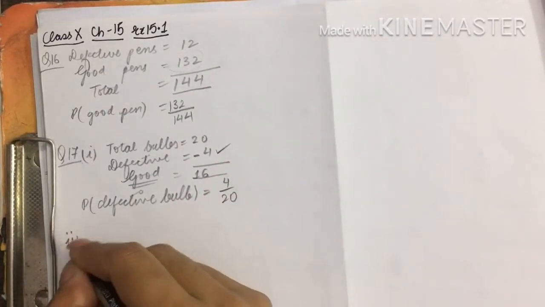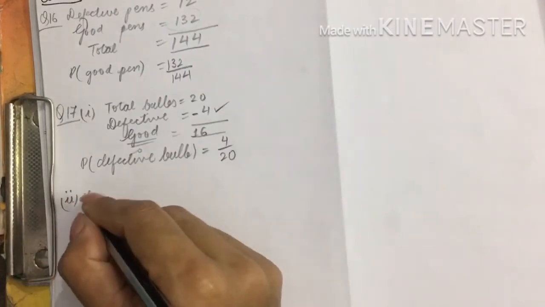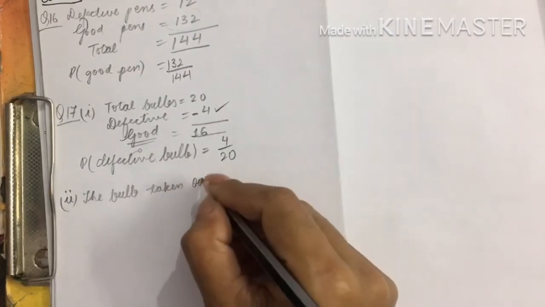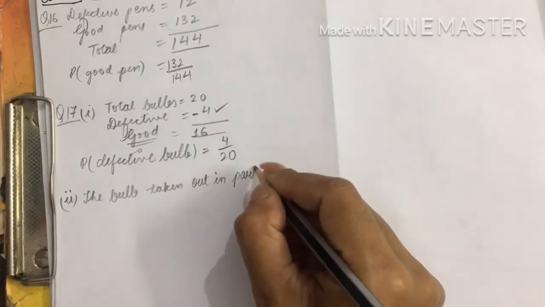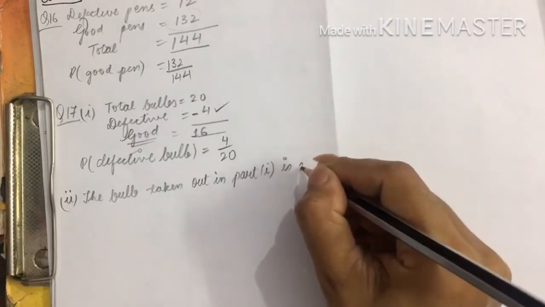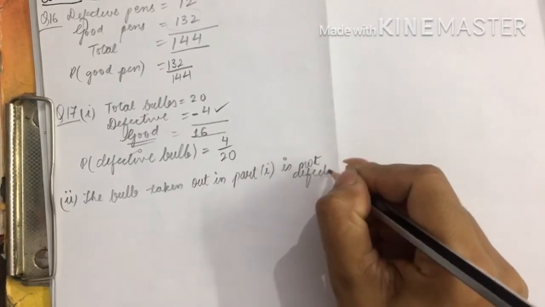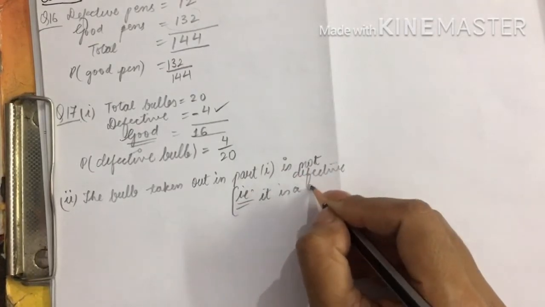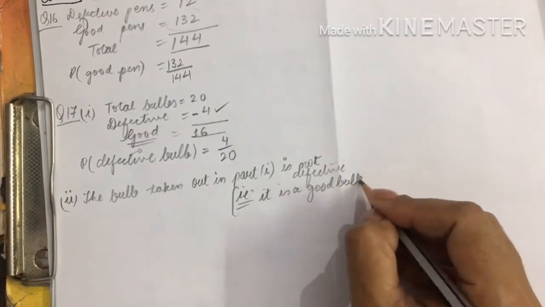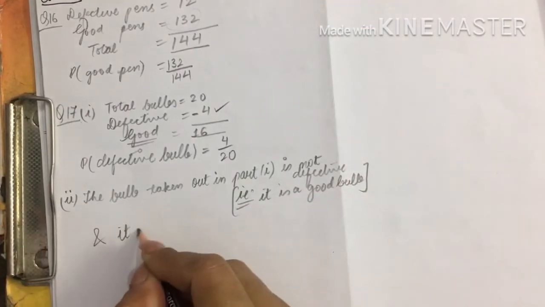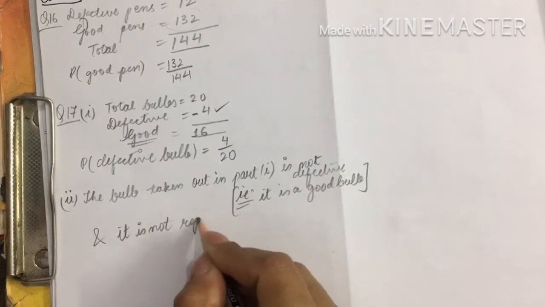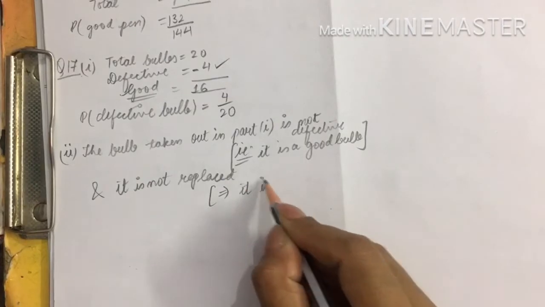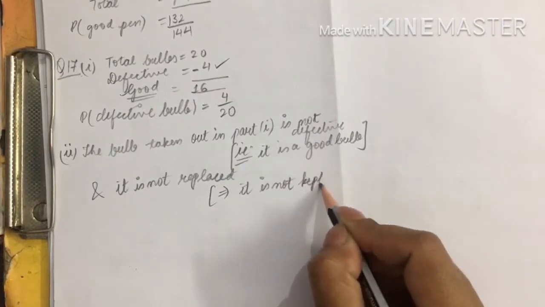Then in the second part, the bulb taken out in part 1 is not defective, that is, it is a good bulb and it is not replaced, means it is not kept back.